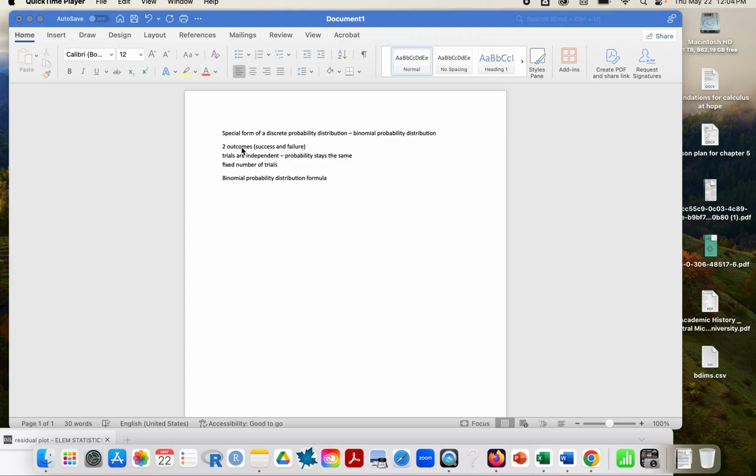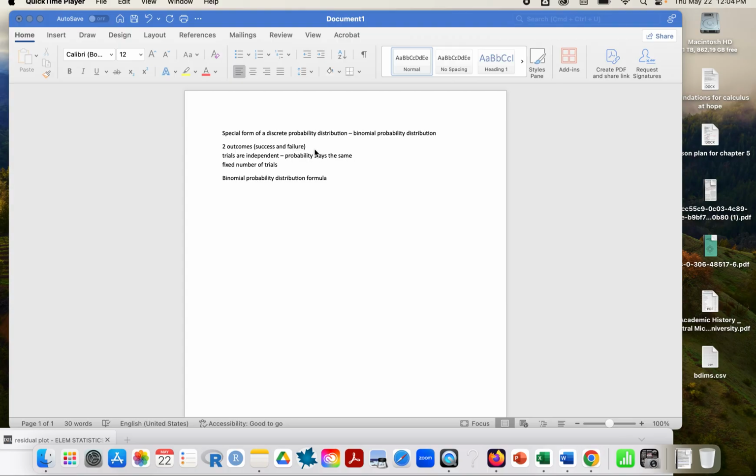And in the world of creating two outcomes, we can do the following. Whatever we're focused on is one of the outcomes, and then everything else gets lumped into the other category. So when we're talking about cars, if I'm focused on red cars, all the other colors fall in the failure category.